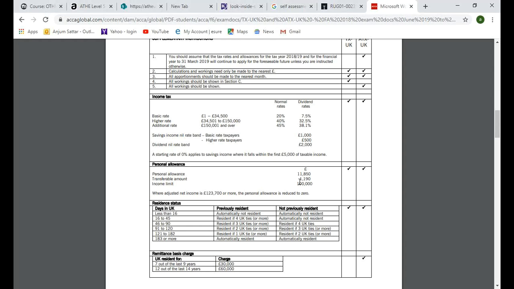I don't have any questions, but I have studied F6, so I know everything in this. Oh, really? Yes, because this is F6, the handouts as well. I studied F6, but only cleared the paper the second time. It was very tough. It is a bit, we need to memorize the rates, especially if you're doing this exam in India.